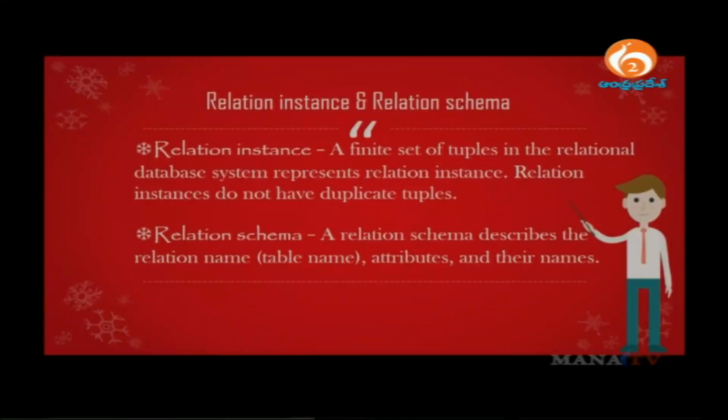Let me talk about the second point now. Relation schema. A relation schema describes the relation name, a table name, an attribute name and their names, simple as that. When you make an instance of a particular tuple, this tuple consists of a few properties, or a few parameters.